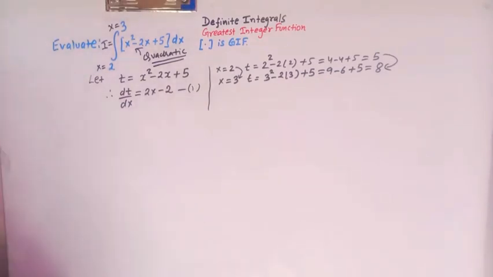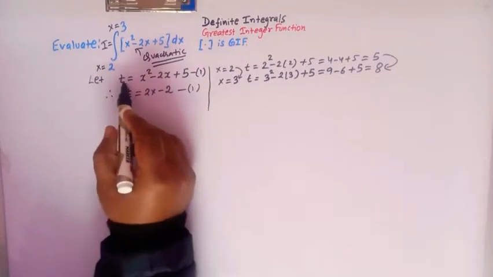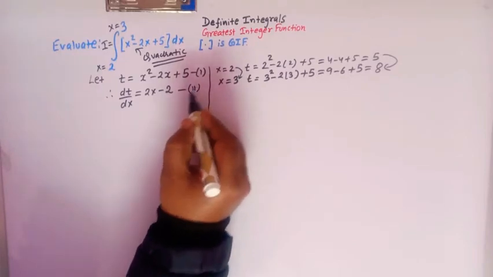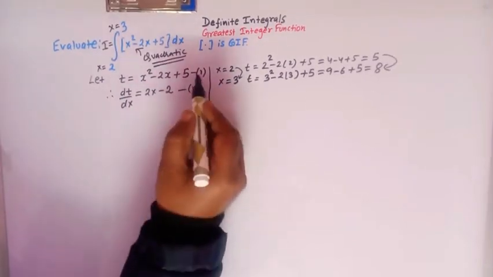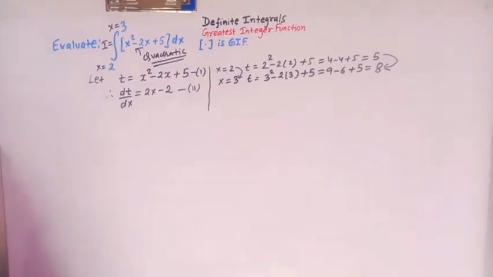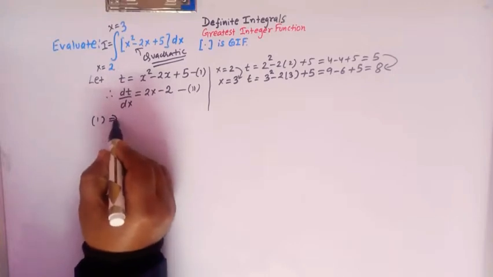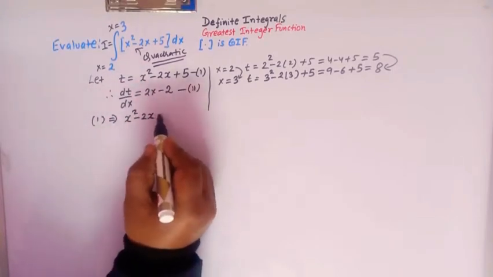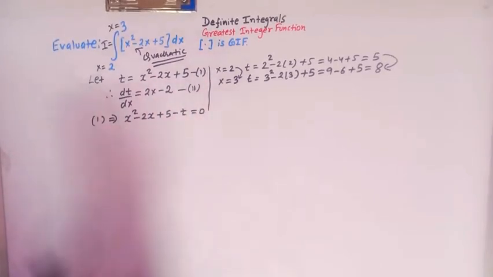Now let us once again observe this expression. We can call this equation number 2, and this is expression number 1. This expression can be written as x square minus 2x plus 5 minus t equal to 0.